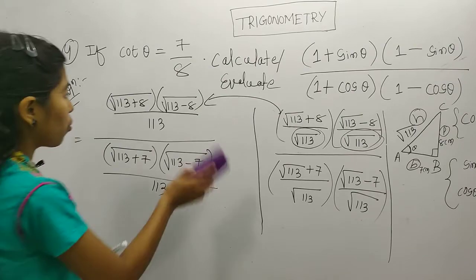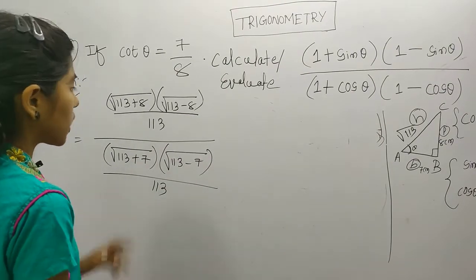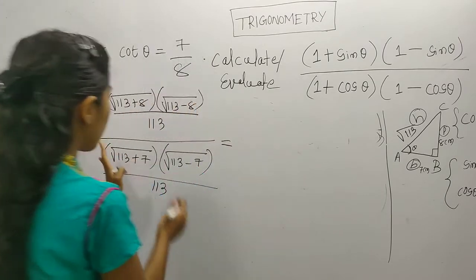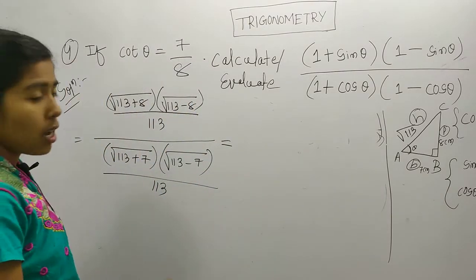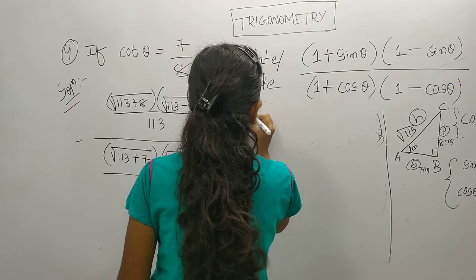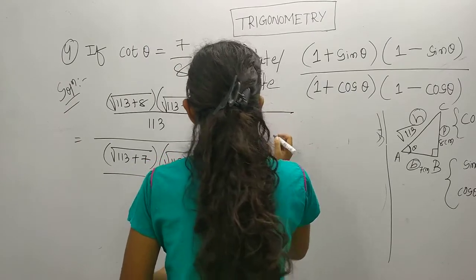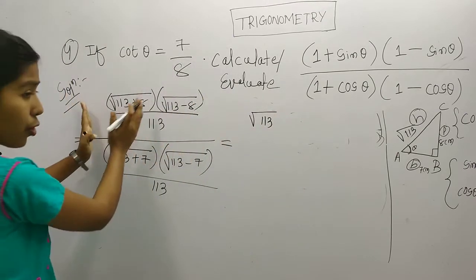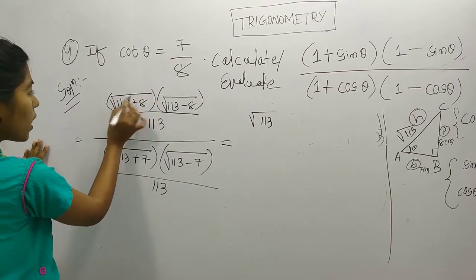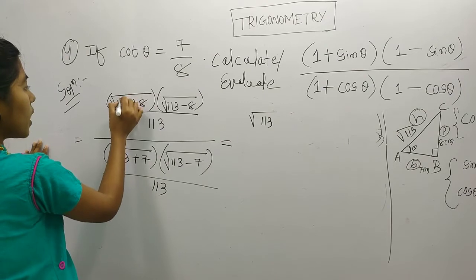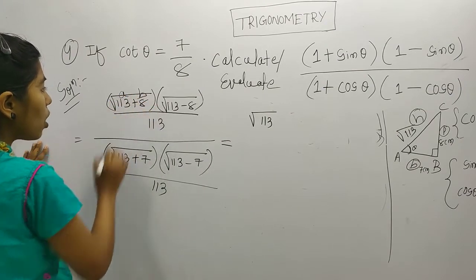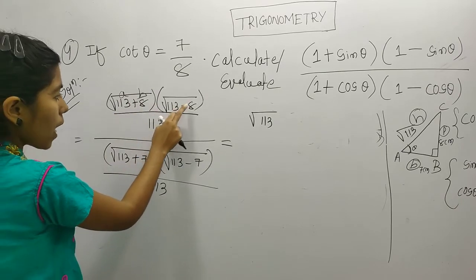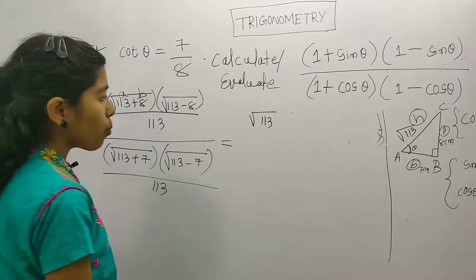Next, what is the next step? Equals to root 113 plus 8 into root 113 minus 8. Let's take 113 as A and 8 as B. So here you see A plus B into A minus B. What is the formula?